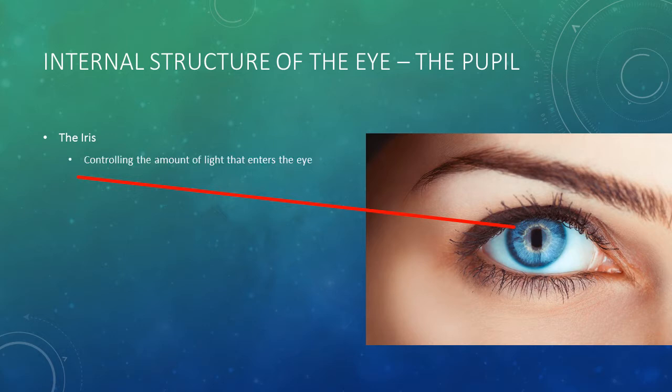Because if the iris is big, that means the little black hole is small, so that means less light enters the eye. And if the iris is small, the black hole becomes big, so more light can enter the eye. The black hole we call the pupil. So the pupil can change in size, and this is actually the place where light enters the eye, the hole.